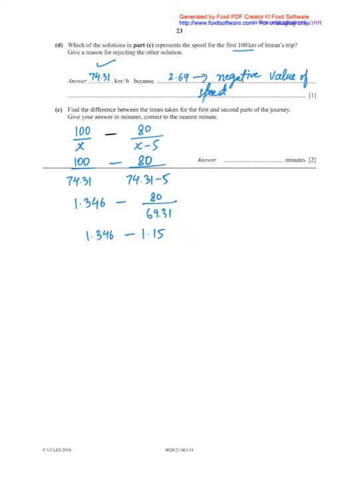Now we need to find the difference of these two. So 1.346 minus 1.15 gives you the value 0.192. The answer you are getting is in hours, but it says you need to give your answer in minutes, and for that you need to multiply your answer by 60. So when you multiply, you will get 11 minutes, and that is your final answer.